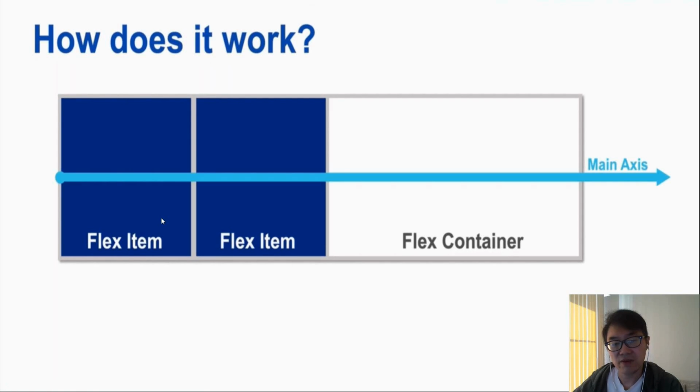And this is defined by something known as the main axis. As you can see here in this example, the main axis is starting from the left-hand side of the flex container and pointing to the right. This means that the items in the container will start from the very far left and start flexing towards the right.